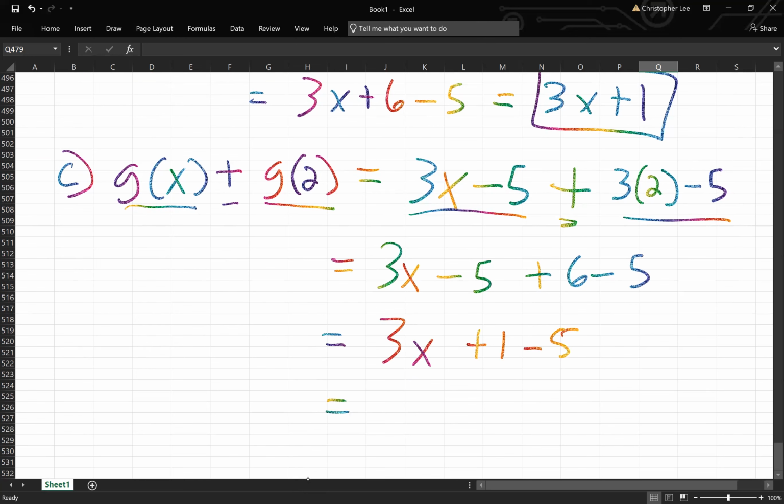Combine like terms again: 3x minus 4. And that's my answer right there. Questions on this? Anyone? This makes sense? All right, you got two different functions, you're just adding them together, combine like terms, and then that's it.